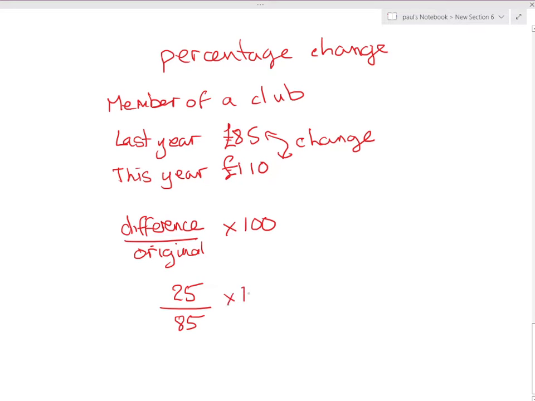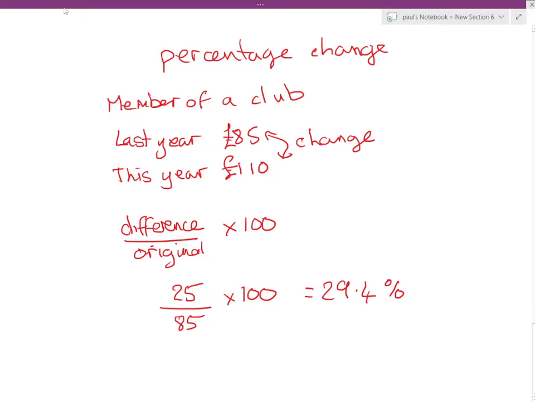So 25 divided by 85 times 100 is 29.4%, or thereabouts. Percentage change. So that's when it's going up.